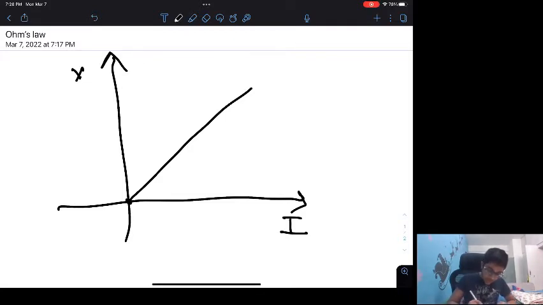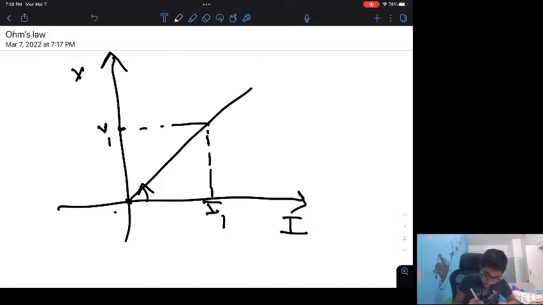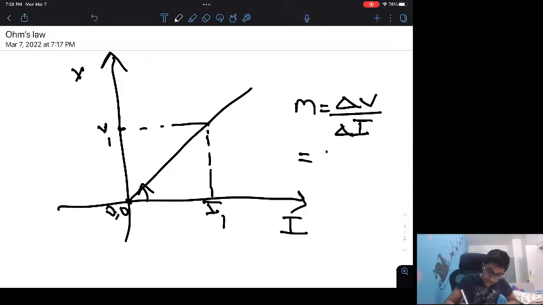Now, the slope of this line, that is how much it is inclined. Imagine, let's take a point over here, V1 and I1. Compare that with the origin. The slope M is going to be exactly the rise over the run, the change in potential difference V over the change in current I. Let's just call this V1 comma I1.